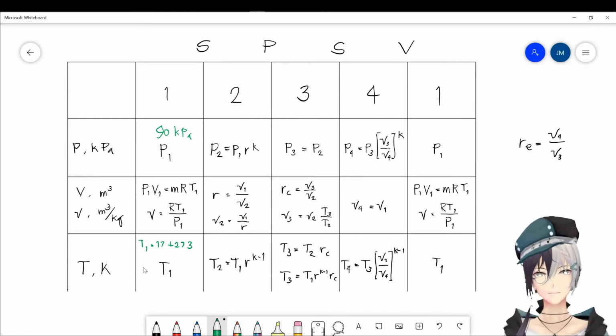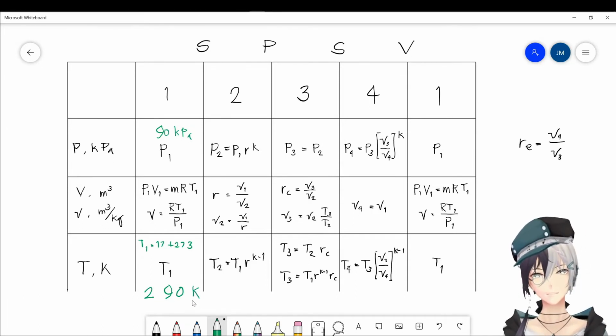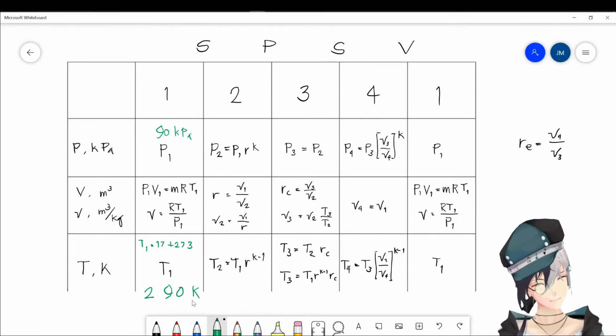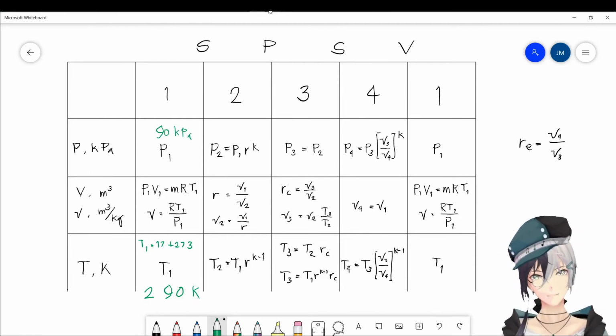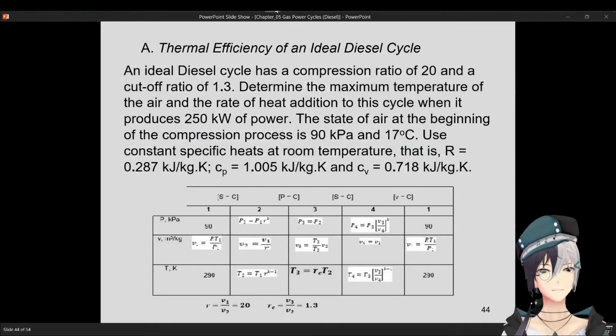Right away, convert it into Kelvin. How much is this in Kelvin? 290, sir. 290, okay, thank you. So 290 Kelvin. Let's disregard the decimal numbers, point 15.